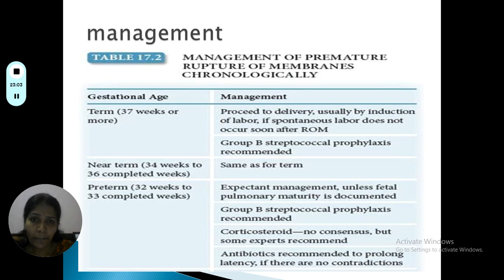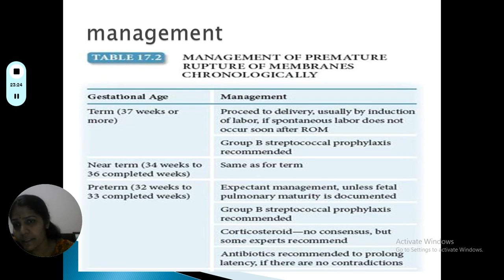So we proceed to delivery by induction of labor, or if the spontaneous labor doesn't ensue in 24 hours, then we go for the induction. Then we give a group B streptococcal prophylaxis as recommended as per the guidelines. We can give the antibiotic course. That is a term PROM.